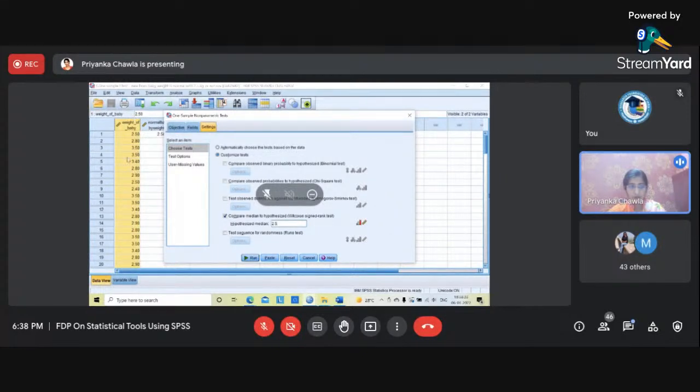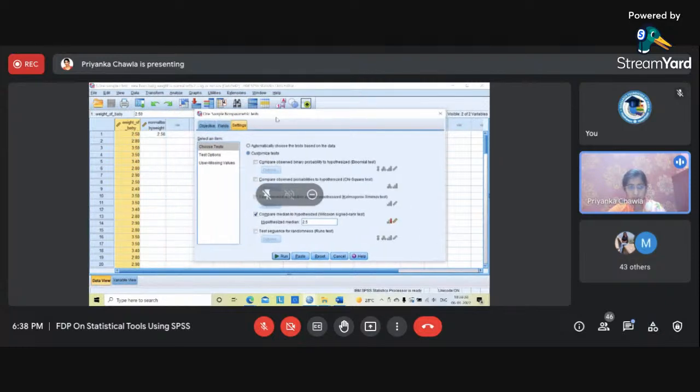We are testing the weight of the baby, and our hypothesized median is 2.5. I'm considering no significant difference between test value and data. The body weight of baby is not normal. You can say that.